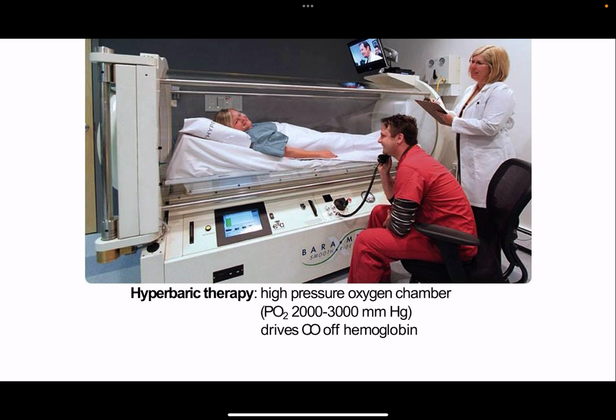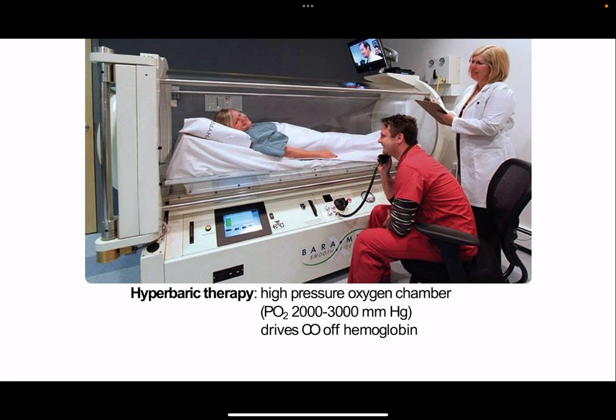It can be increased to 3 to 4 atmospheres. So your partial pressure of oxygen, which is usually 160 coming in from the atmosphere, can be increased to 2,000 to 3,000 if you're put in a hyperbaric chamber. And again, this causes an even greater difference in oxygen between what's coming in and what's already in the blood, which is going to drive that oxygen to the blood so fast.